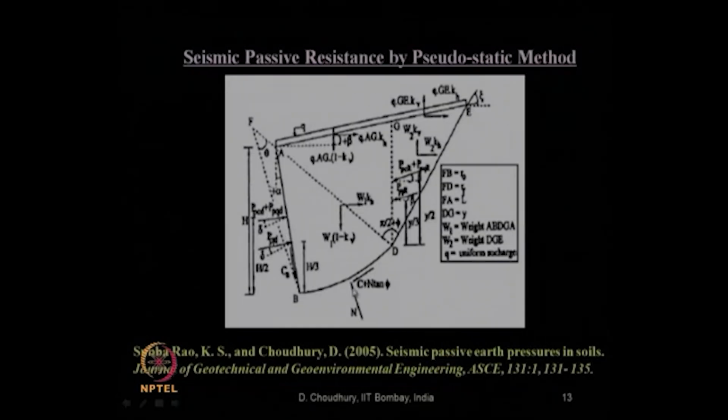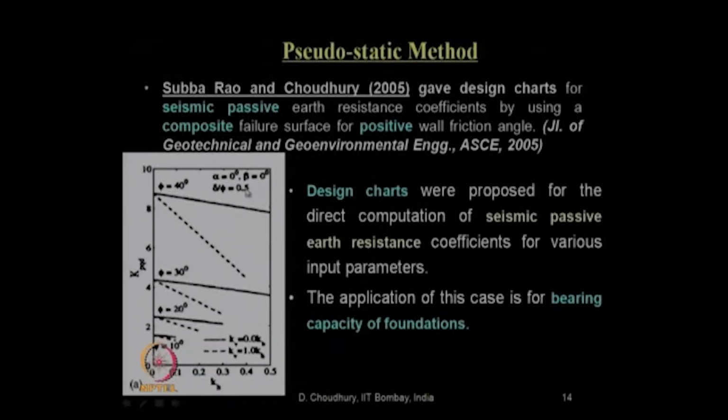The details about this study are available in this journal paper, Seismic Passive Earth Pressure in Soil, Journal of Geotechnical and Geoenvironmental Engineering of ASCE, published in 2005, volume 131, issue 1. These are the page numbers. So, what we proposed in this case, finally, we gave the design chart, that is for how to use this coefficient of passive earth pressure for different input values of kH and kV.